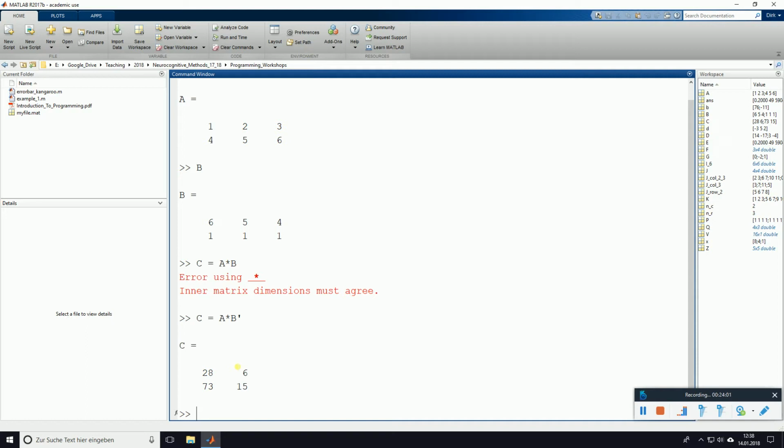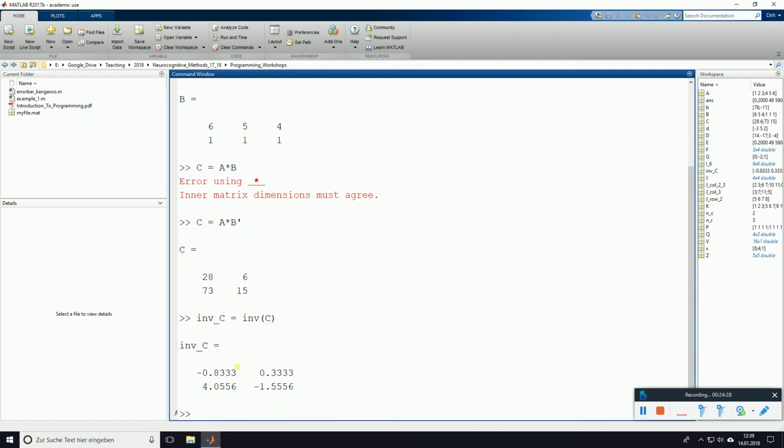So this is essentially a nice tool if you are studying matrix computations right now. Then you can always check your results using MATLAB, which is helpful. Of course, you can also invert matrices which are non-singular. For example, if you want the inverse of C, you can use inv(C).